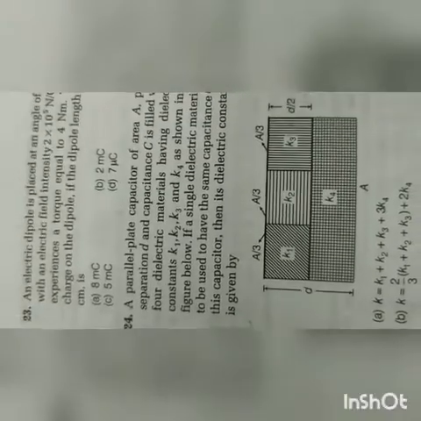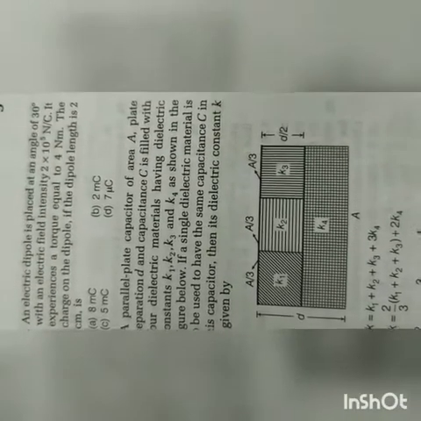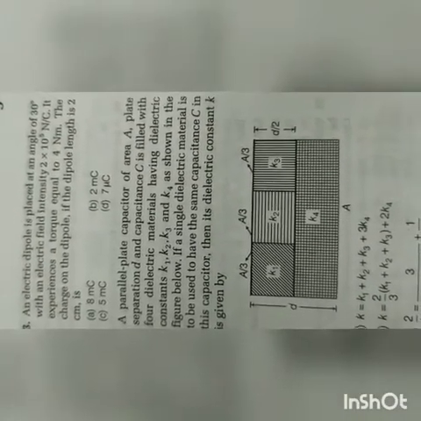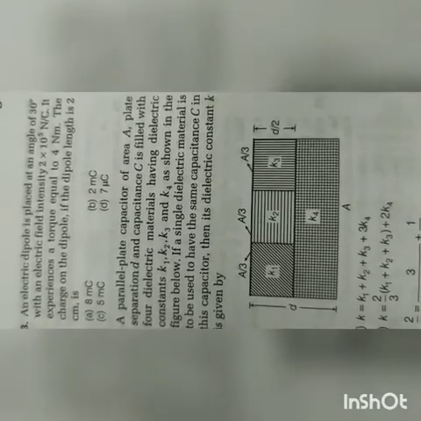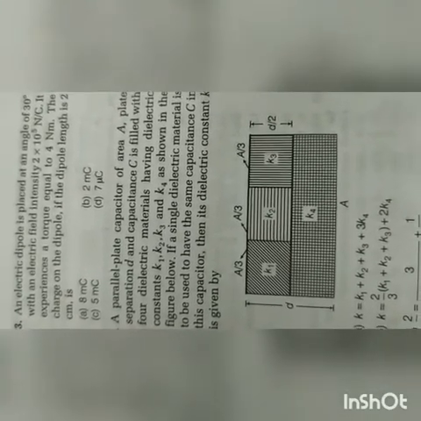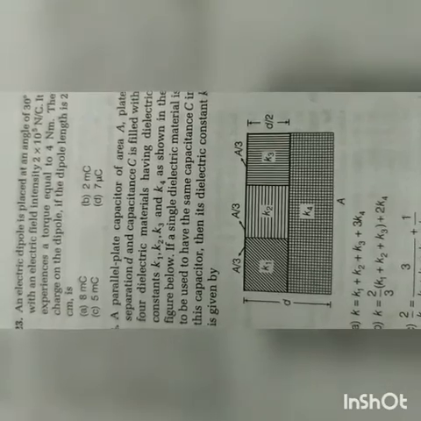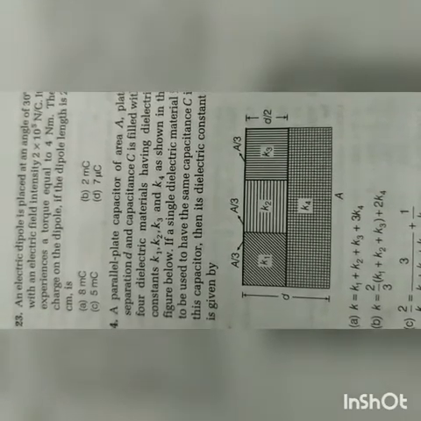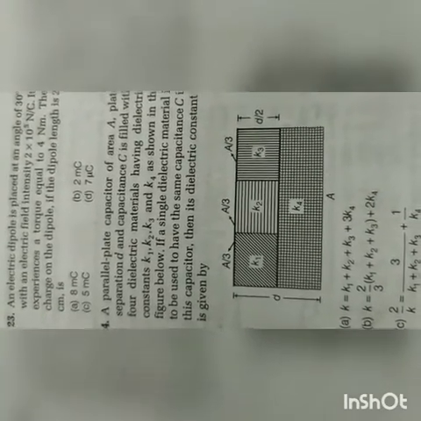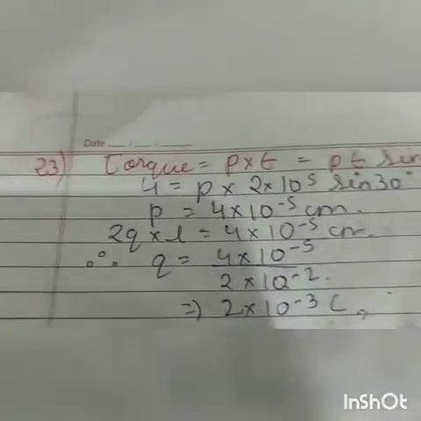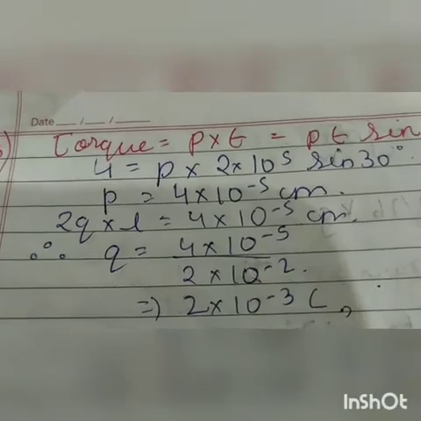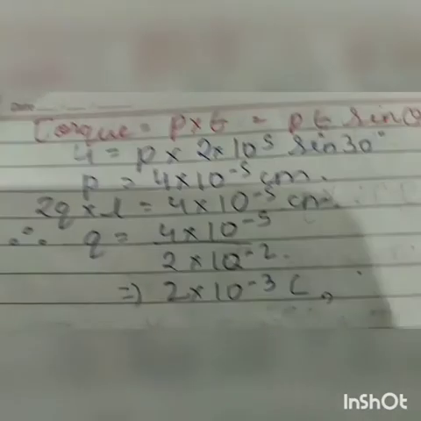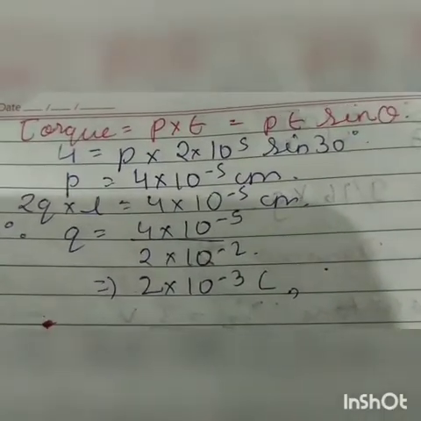Now question number 23. An electric dipole is placed at an angle of 30 degrees with an electric field intensity of 2 × 10^5 newton per coulomb. It experiences a torque equal to 4 newton-meter. The charge on the dipole, if the dipole is 2 centimeter long, is... As we know, torque is P into E into sin θ, where P is the electric dipole moment and E is the electric field.